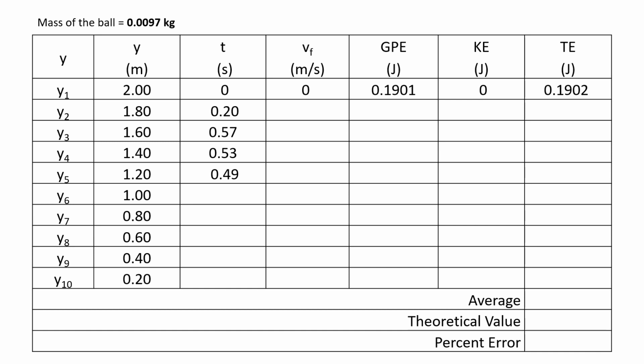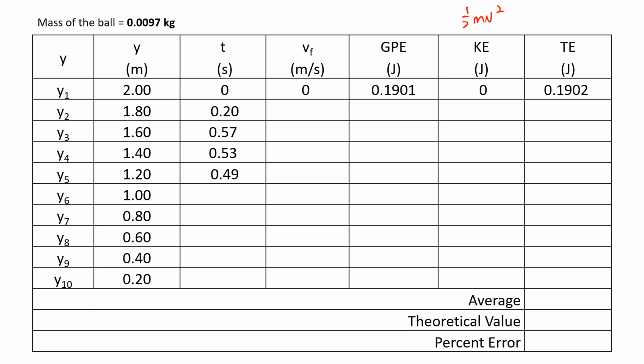It started at rest, so the initial velocity is 0. So Vf will also be 0, and the kinetic energy will also be 0, because using the formula 1/2 mv squared, since the velocity is 0, the kinetic energy is also 0.